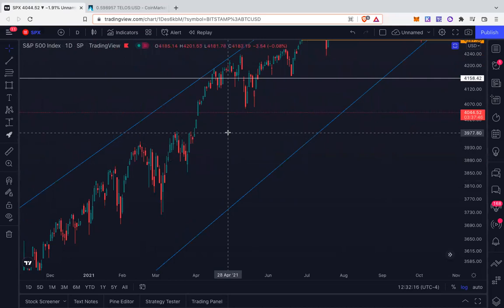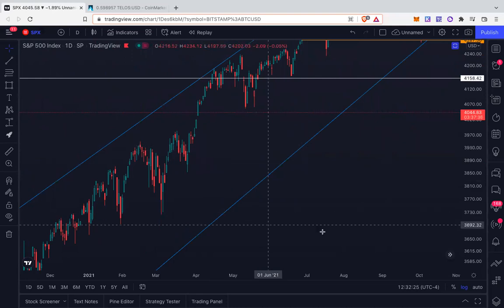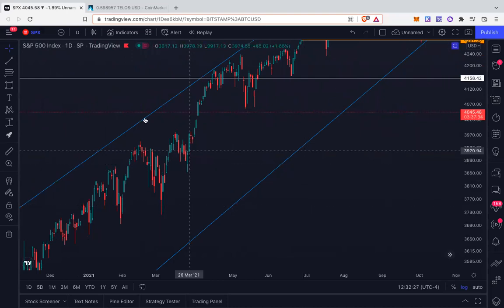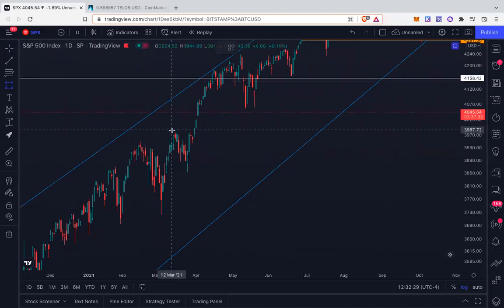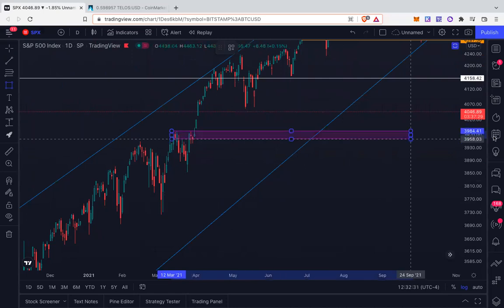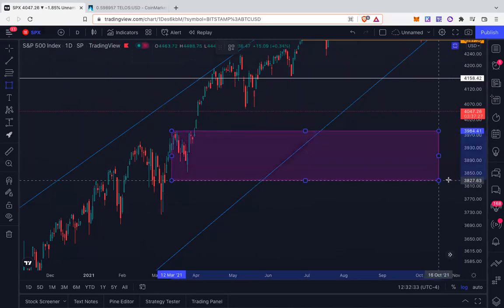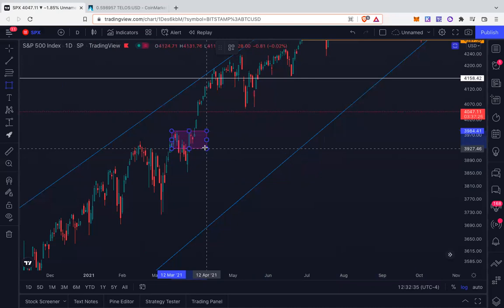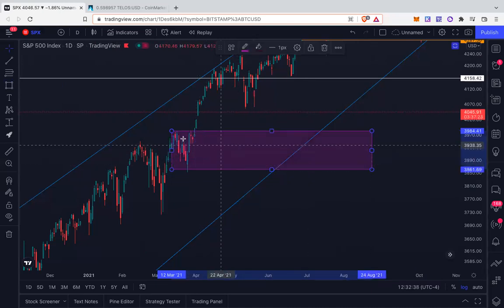Odds are if it is supported, we bounce off of it, or you break that, your next support is around 39.50, 39.40 area. So I'm expecting to see that zone being tested, S&P before a bounce. So let me just make this here.